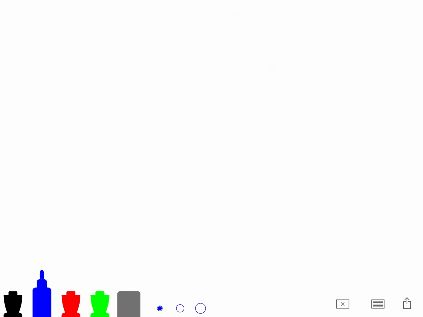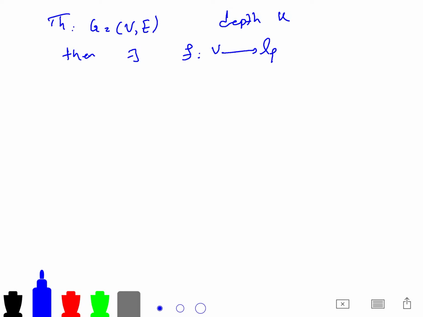There is a theorem that says if G is a weighted graph with an SPD of depth K, then, as Arnold proved, there exists an embedding of V into L_p with distortion just K to the minimum of 1 over p and 1 over 2.